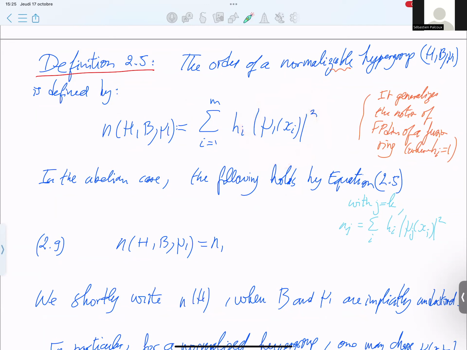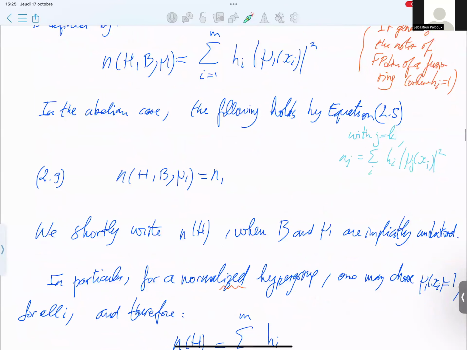And here you take the sum of the squares of the complex modulus, and you need this extra constant, which was, if I'm not mistaken, I star 1 inverse. This constant is 1 in the fusion ring case, but for hypergroups in general, you need to have this constant.